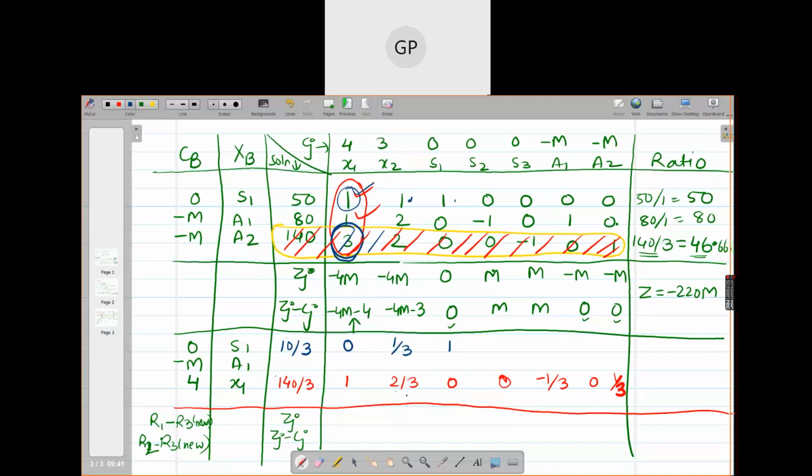Then 1 minus this, 0. 0 minus minus 1 by 3. So that will become plus 1 by 3. And this 0 as it is, and this will become minus 1 by 3. Is that clear?